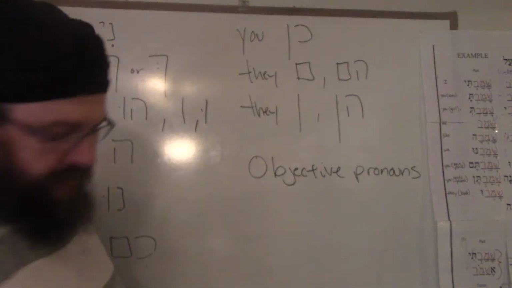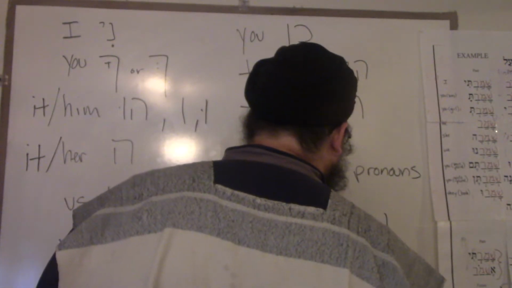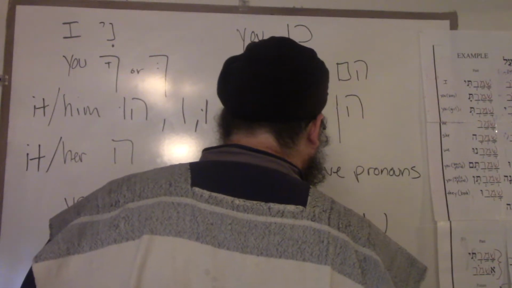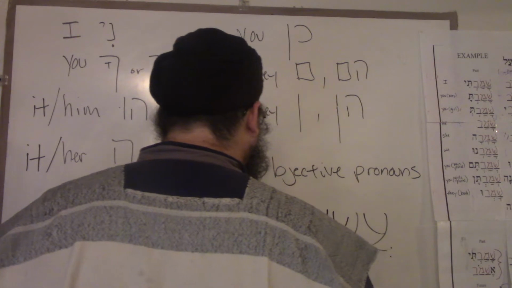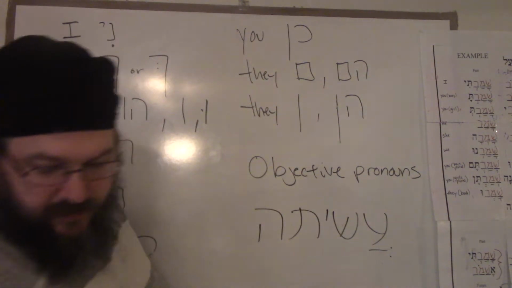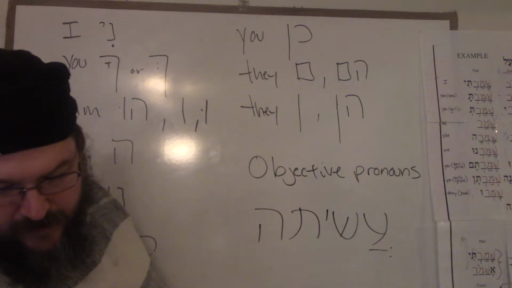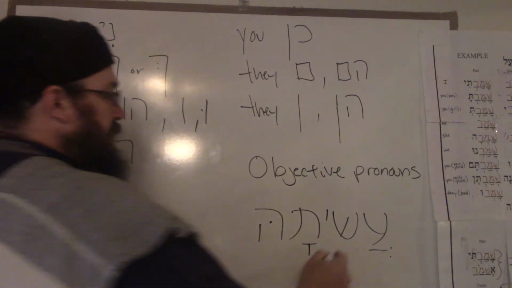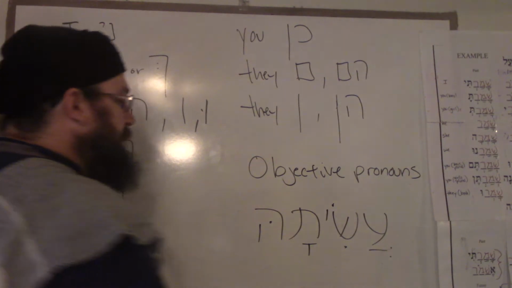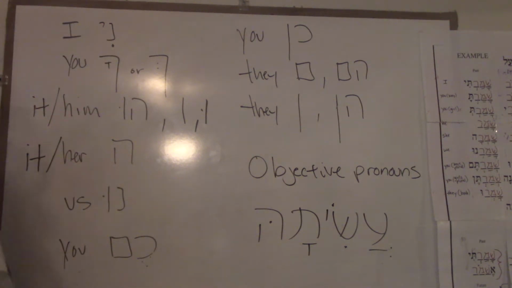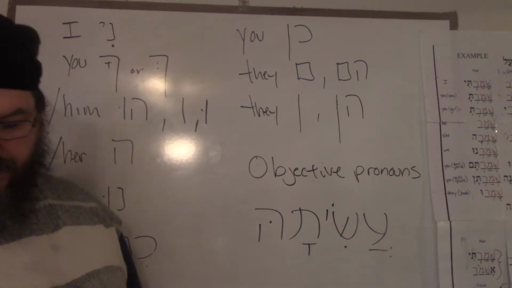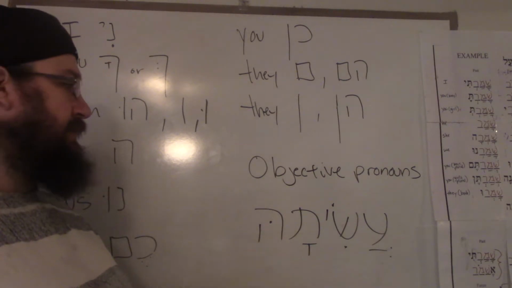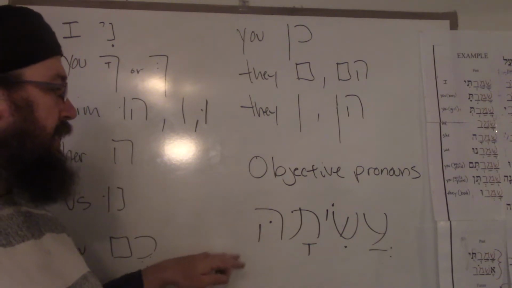Here, let's do this one. Make sure I got it here. There we go. All right. Asita ha. Okay? Or asita, I should actually say, not asita ha. Asita.